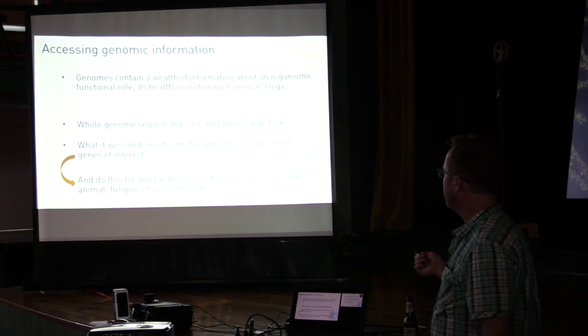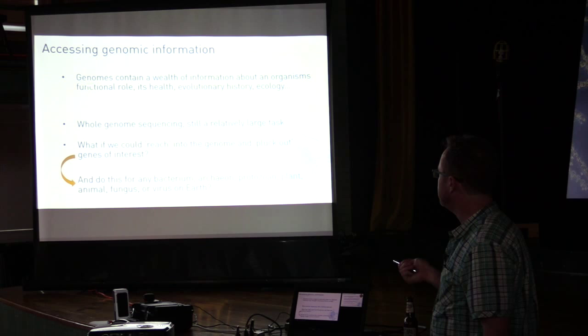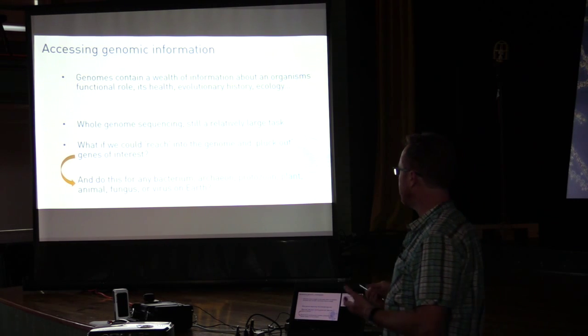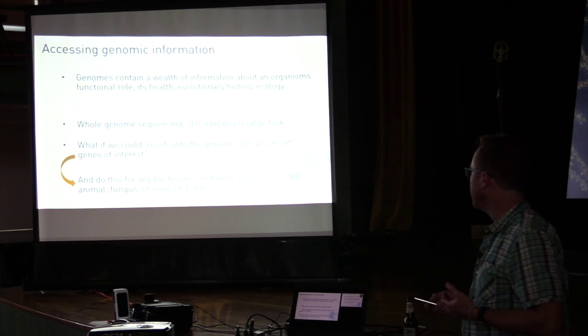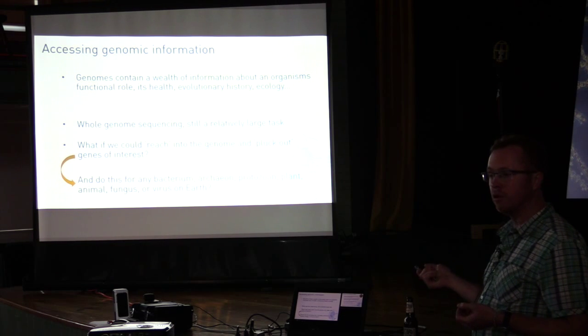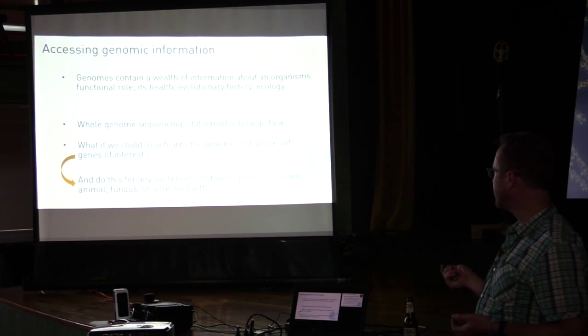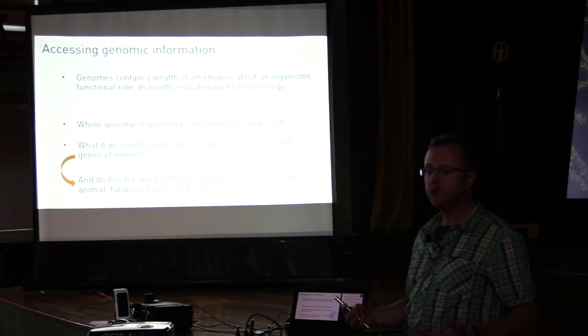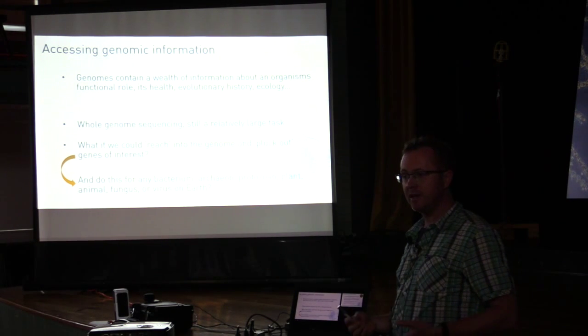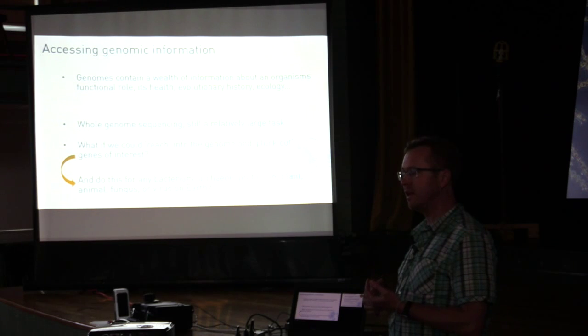Okay, so accessing genomic information. Genomes contain a wealth of information, as I think I've told you already, about the organism's functional role in the environment, its health, its evolutionary history, and its ecology. So there's a huge amount of information embedded in every cell of every organism.